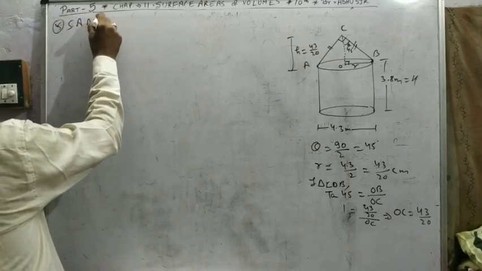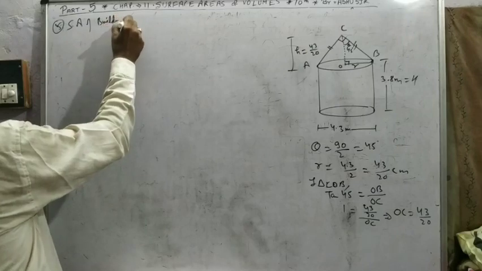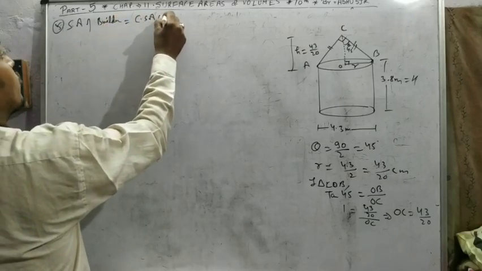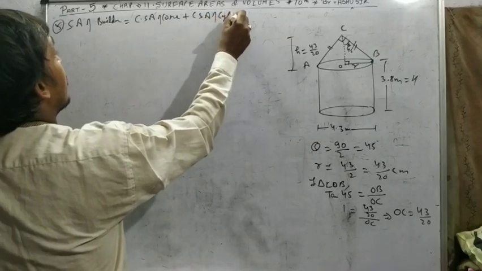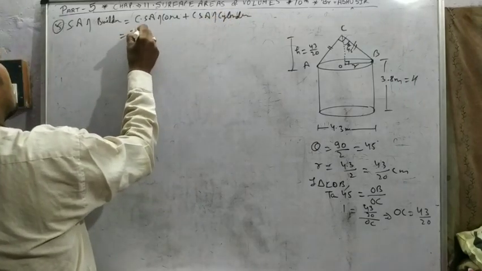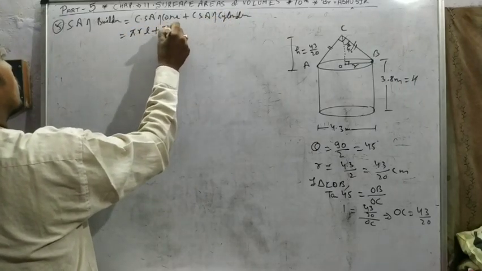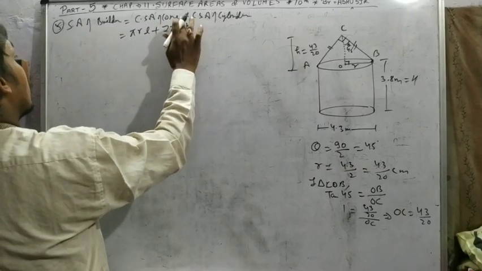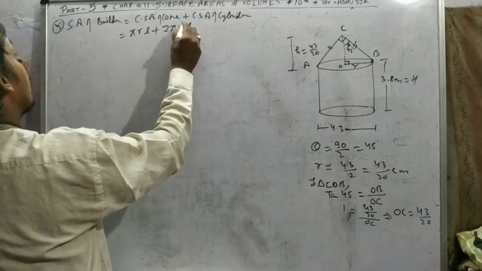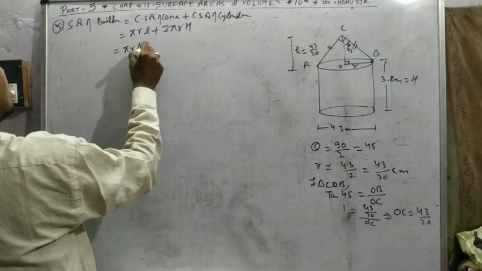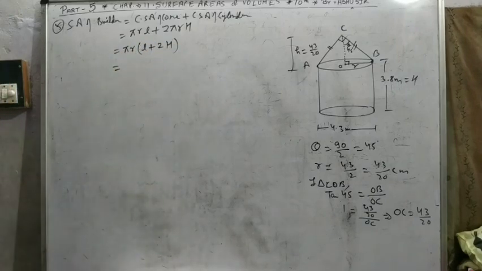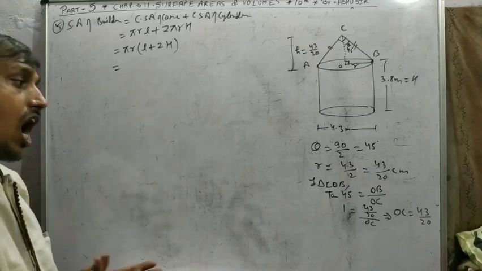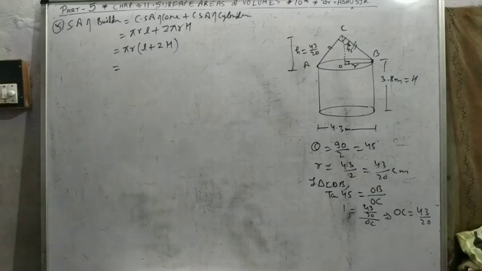Surface area of the building is CSA of cone plus CSA of cylinder. Pi r L plus 2 pi r h. r is the same, so we take r common: pi r (L plus 2h). Pi given, r given, L is not given.